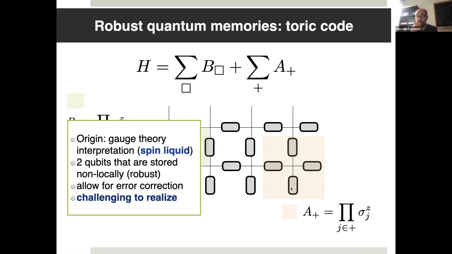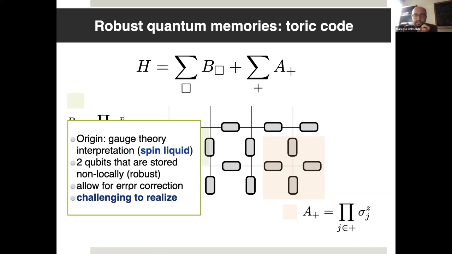Now, the toric code was proposed by Kitaev in the late 90s. Some of its key features are that it can store in a reliable manner, which we call robust, 2 qubits in a non-local manner. I would like to skip the details, but I think this is extremely important. Another extremely important feature is that it allows, under certain caveats, reliable schemes for error correction.